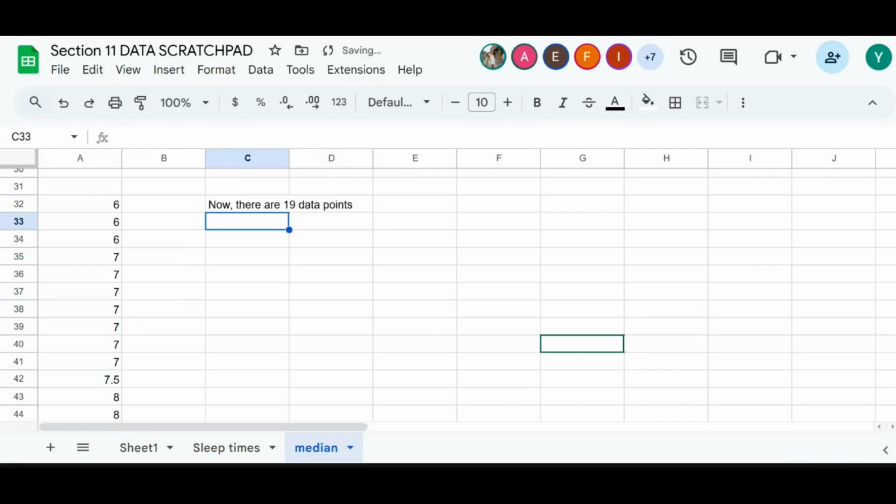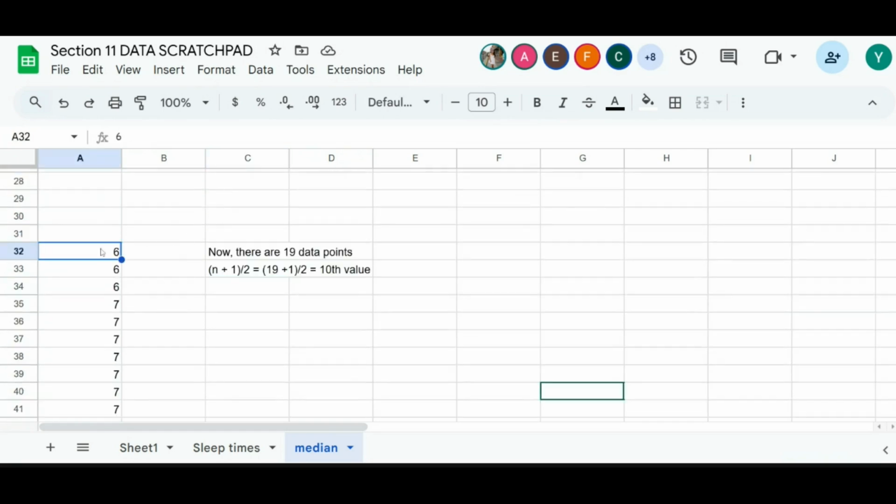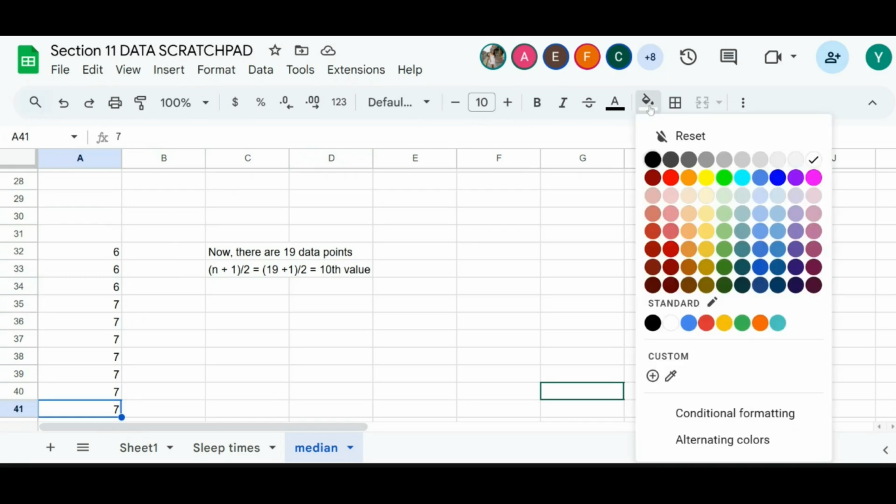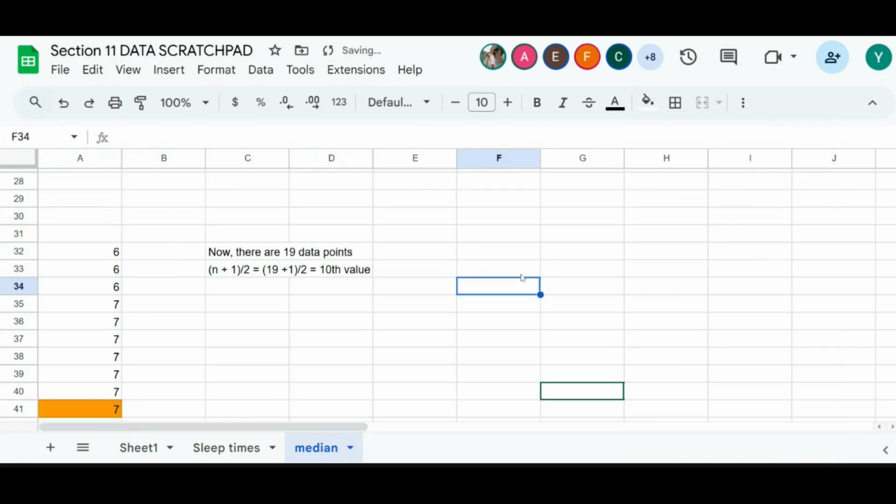According to my formula, (n plus 1) over 2 is 19 plus 1 over 2, which is 10. The median is the 10th value here. Is that easy to do? You don't need to average it out because it's an actual position. There's no half thing going on. So you count: 1, 2, 3, 4, 5, 6, 7, 8, 9, 10. And the 10th value here is 7. So the median is 7.